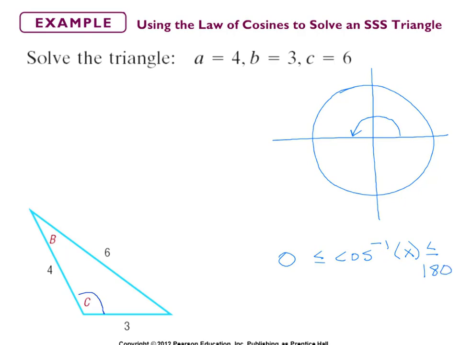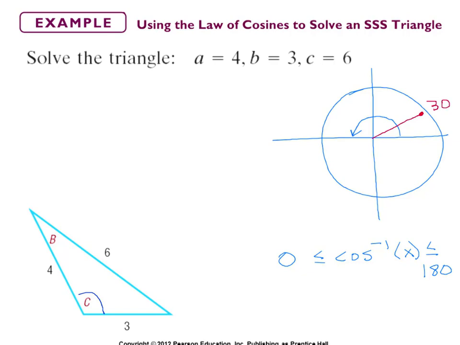Does that make sense? Okay, so now let's say I get a solution in quadrant 1. Let's say it's, I don't know, 30 degrees.